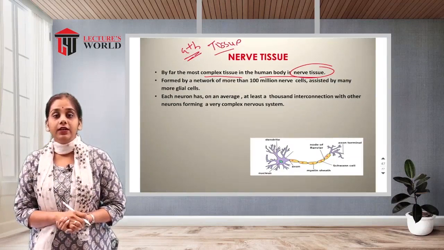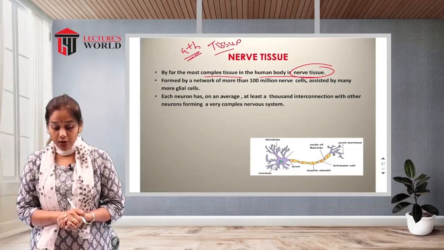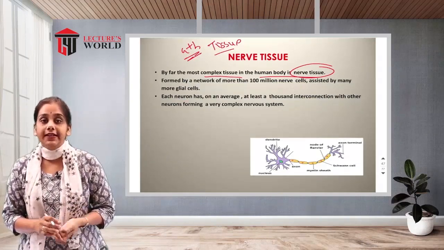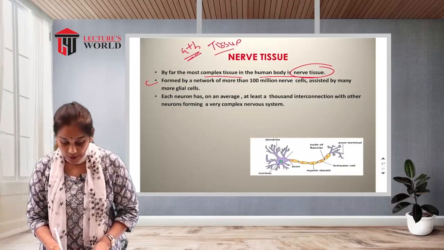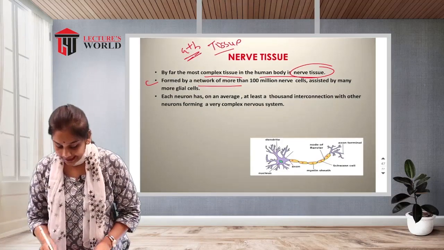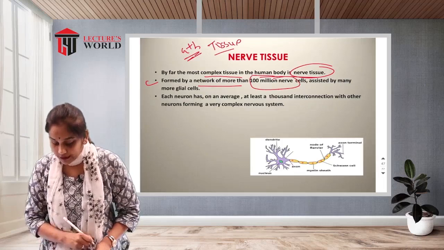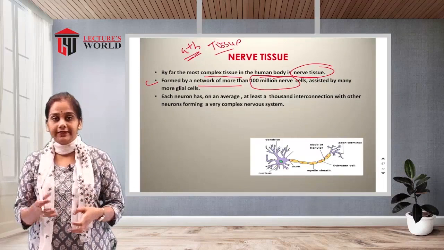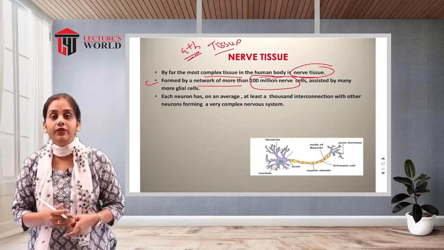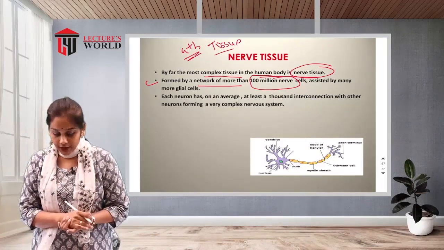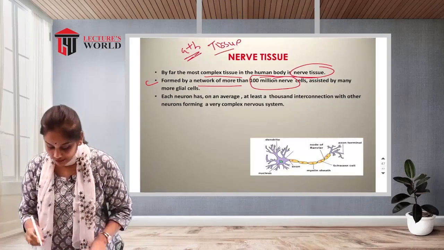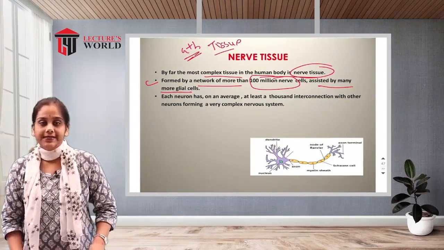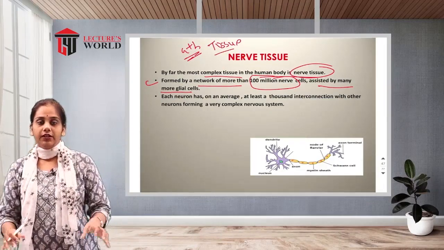It contains nerve cells. It is the most complex type of tissue in our body, formed by a network of approximately 100 million nerve cells, assisted by many more glial cells surrounding the nerve tissue.